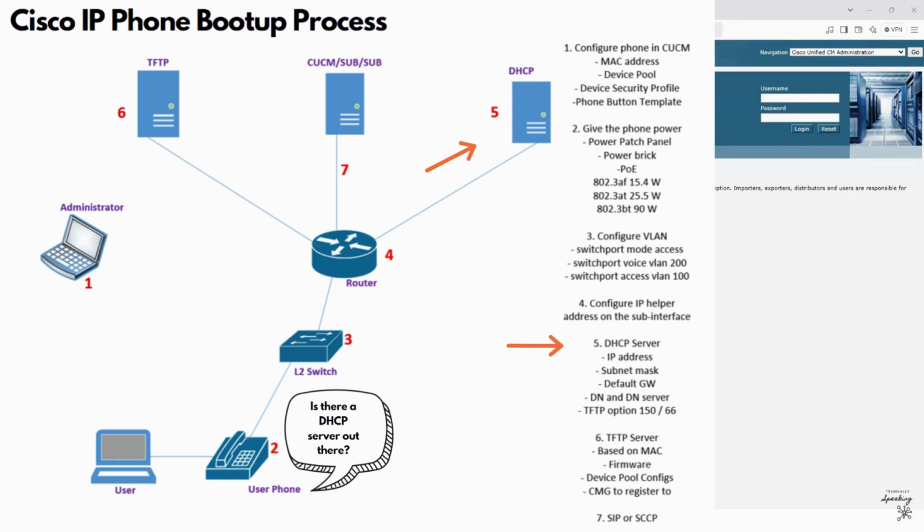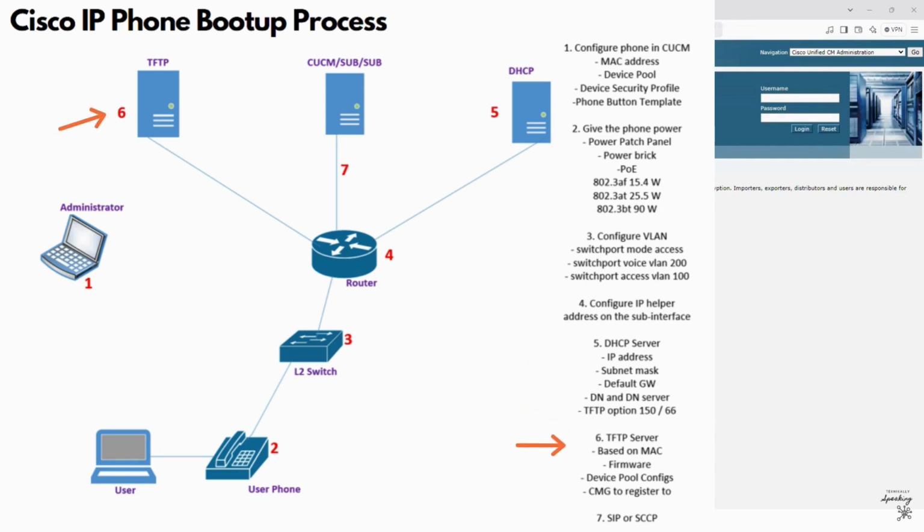Now, the phone has an IP address, subnet mask, default gateway, DNS server, and TFTP option 150. This DHCP option 150 tells the phone where to find the TFTP server for configuration files. So now, since it has that information, it will now communicate with the TFTP server.